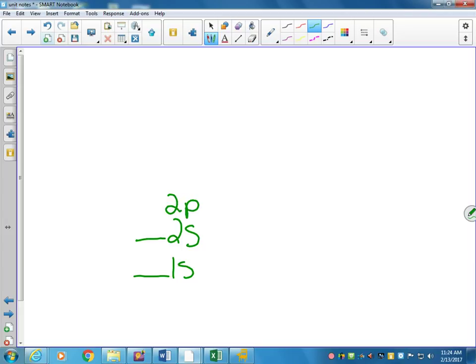Now, what are the lines or the circles or the squares representing? How many orbitals there are. So in s's, there is 1 orbital, 2 electrons. In p's, do you remember how many orbitals are in p's? 3. P's have 3 orbitals. They have px, py, and pz. Right? So whenever we have a p, we draw 1, 2, 3 lines.